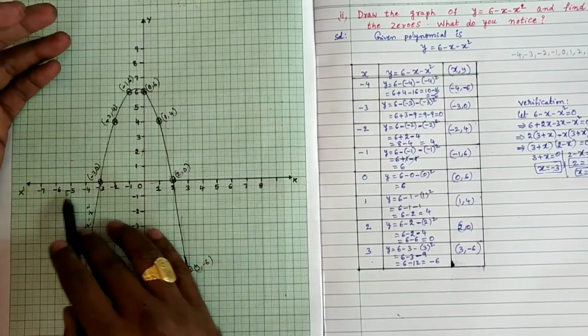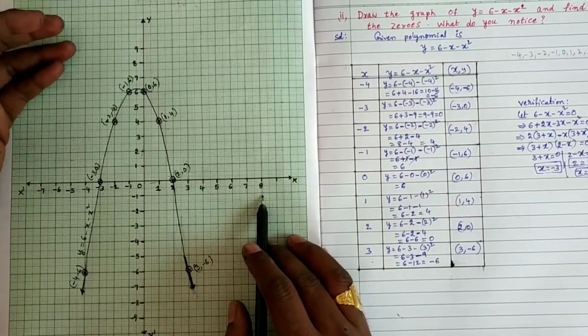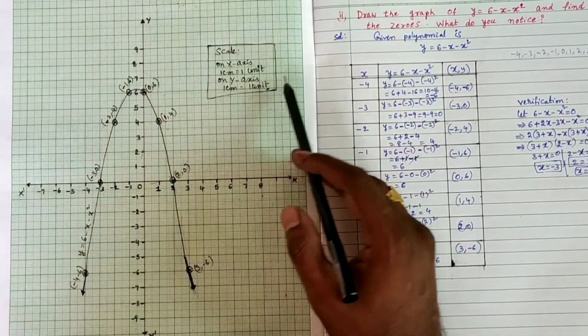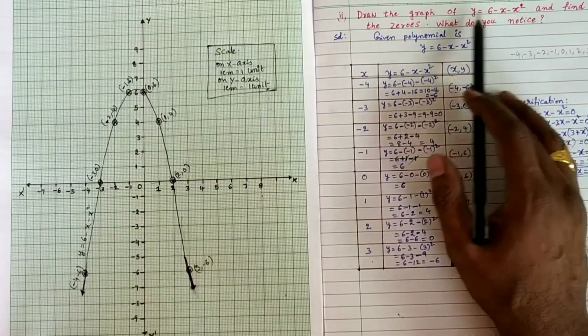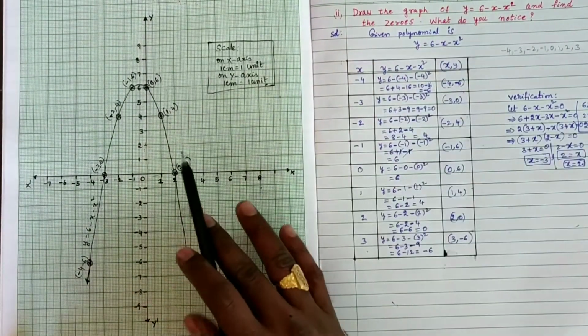Scale: on the x-axis 1 centimeter as 1 unit, on the y-axis 1 centimeter as 1 unit. Next, drawing the graph of y is equals to 6 minus x square is finished.